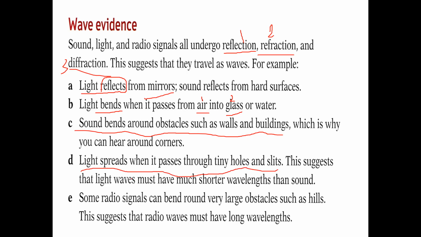This suggests that light waves must have a much shorter wavelength than sound. And the last evidence is that some radio signals can bend round very large obstacles such as hills. This suggests that radio waves must have a long wavelength.